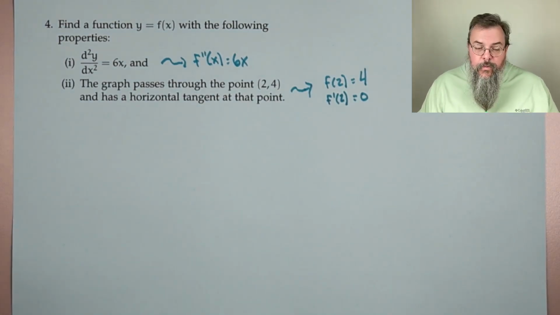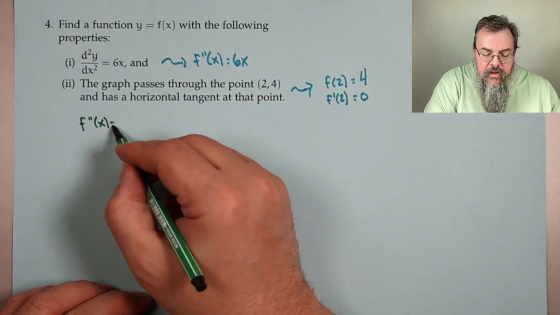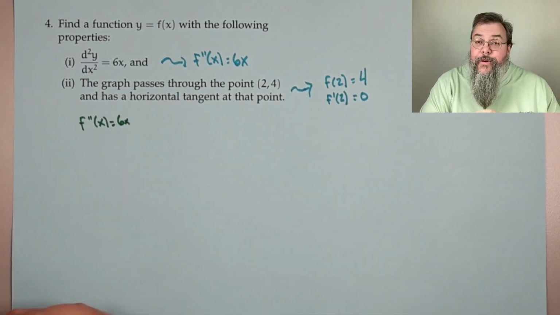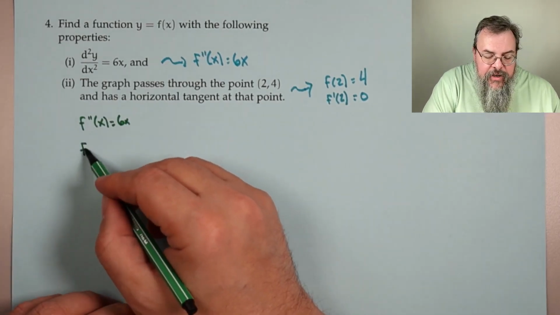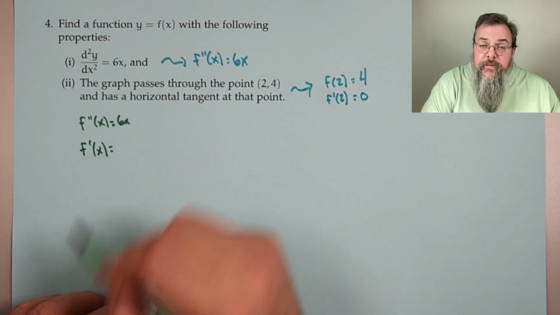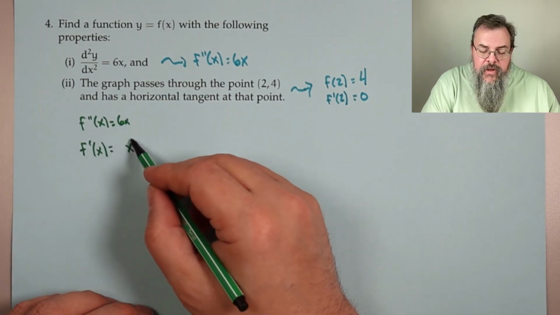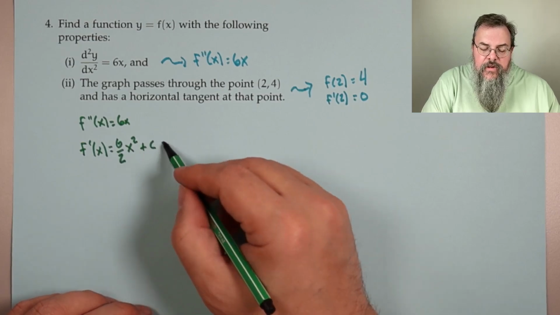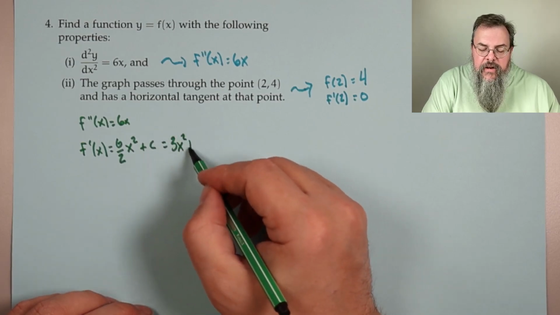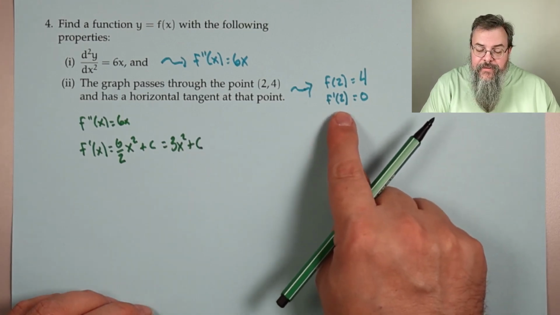We'll go through and work our way up. So we have f double prime of x equals 6x. So we're ready to do round 1, taking an integration or taking antiderivatives. So antiderivative of 6x. Add 1 to the exponent, will give you an x squared. Then you have 6 divided by 2. And this really is 3x squared, and don't forget your constant c. We know information about the derivative.